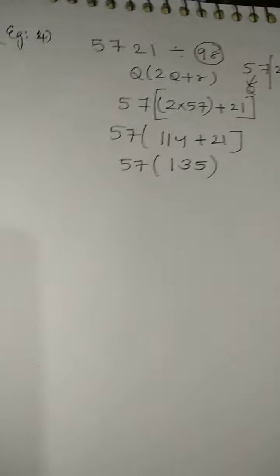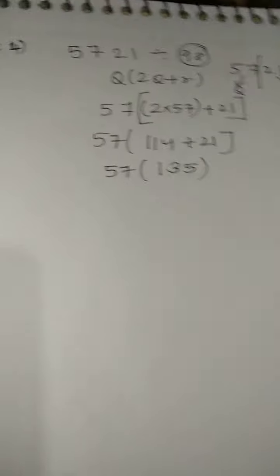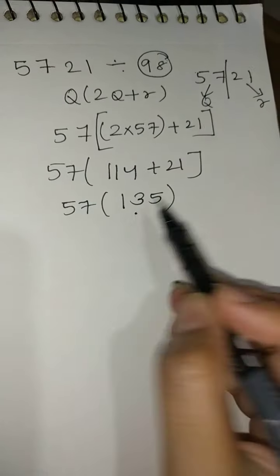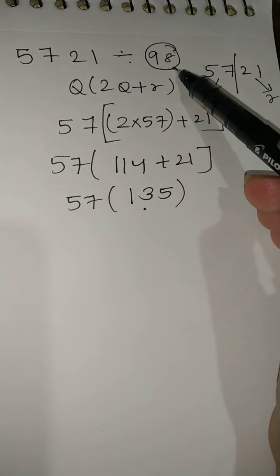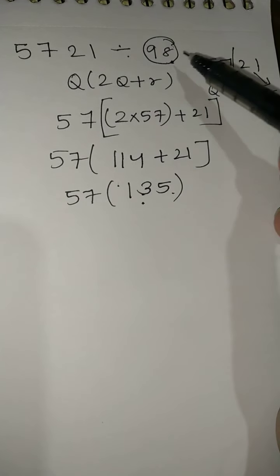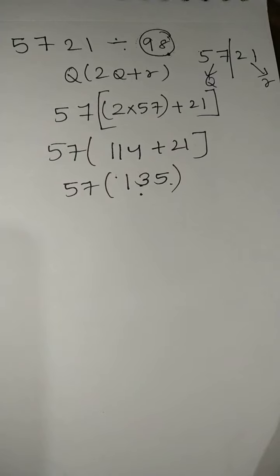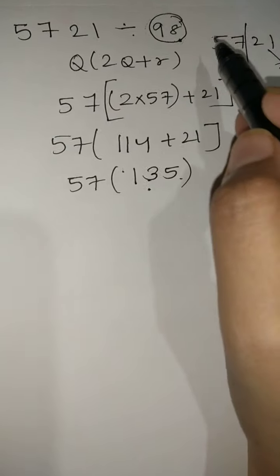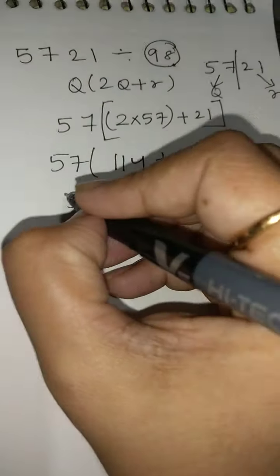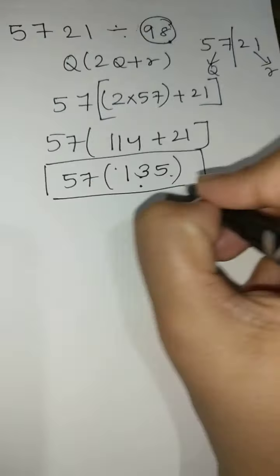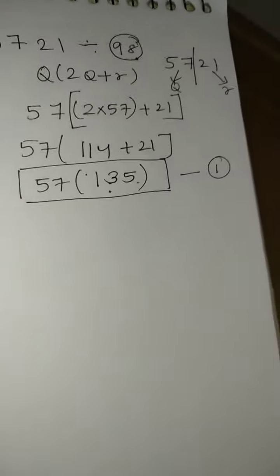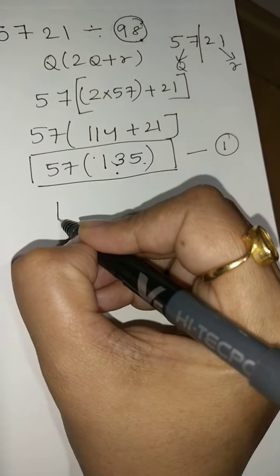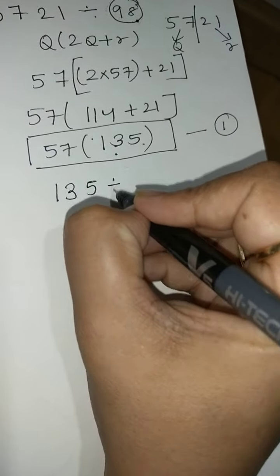Here is a punch. The punch is, now 135 is greater than your 98, okay? 135 is greater than the number which you are dividing with, right? So what you will do, you will consider 57 bracket 135 as your first answer, okay? And what you will do, you will further divide 135 divided by 98.